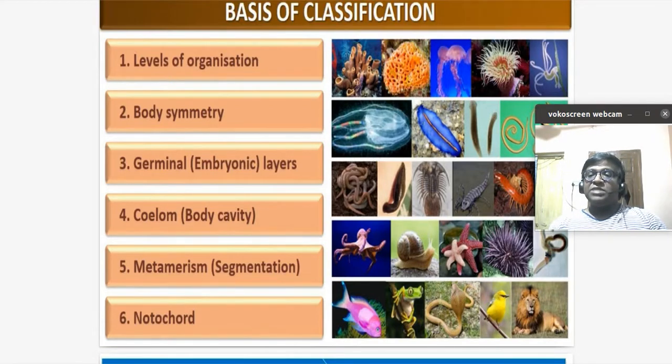If the organisms exhibit metamerism, that is internal and external segmentation, like in earthworm and leech, we consider that to be metamerism or segmentation. Then in Chordata, you notice the notochord. Based on these various parameters, the kingdom Animalia or animal kingdom is classified.